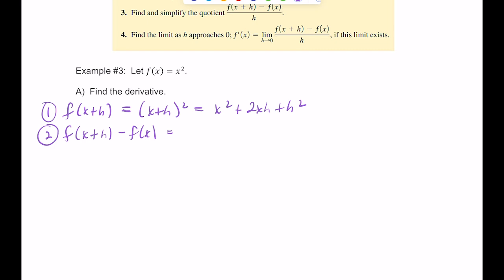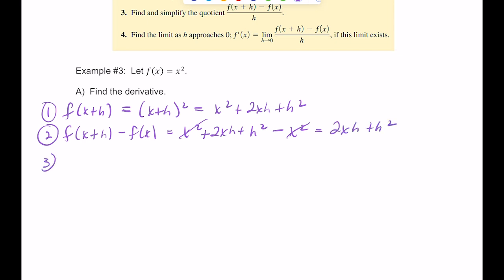Okay, that's step 1. Step 2 is to find and simplify f of x plus h minus f of x. So we already know from step 1, f of x plus h is just this. But now we're going to subtract f of x, and f of x is x squared. Okay, and as you can see here, the x squareds cancel. So you're just left with 2xh plus h squared.